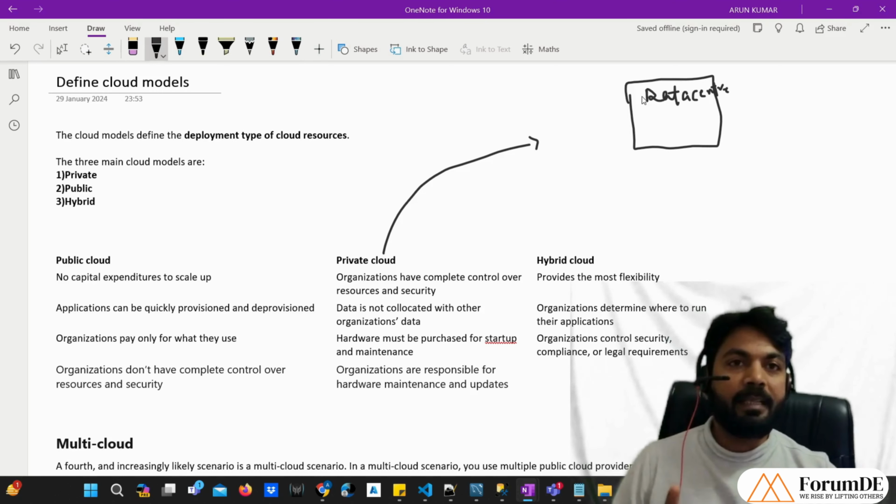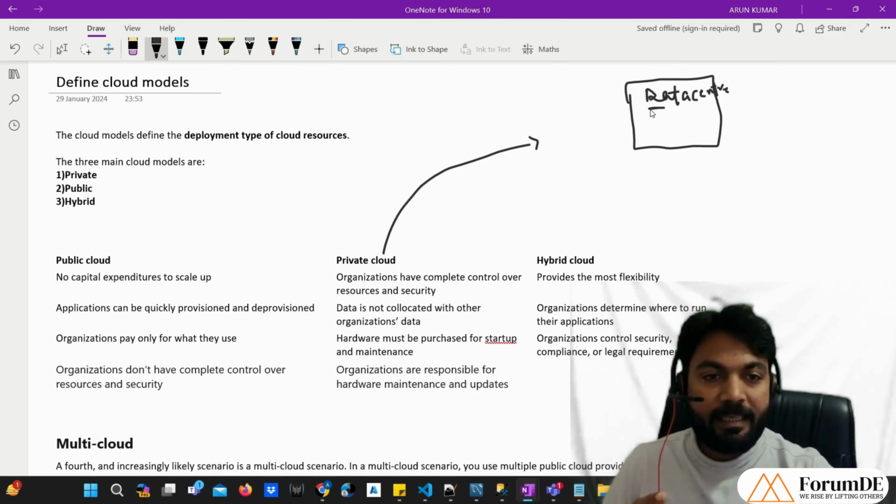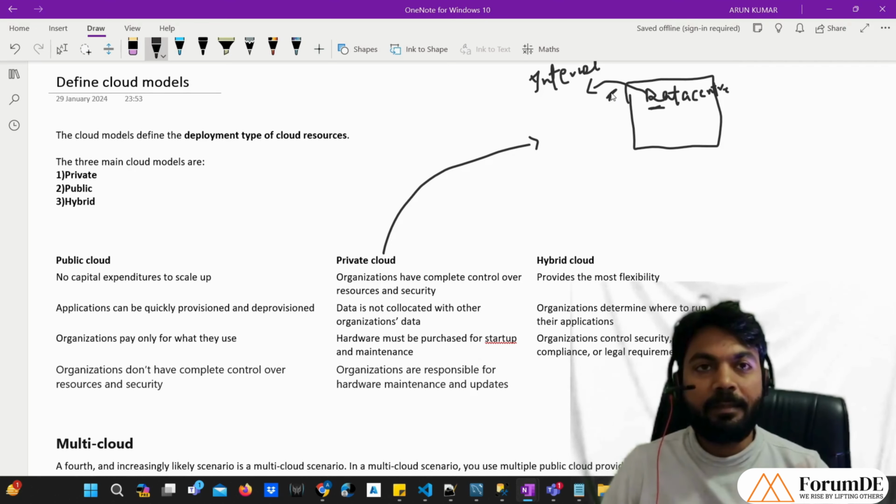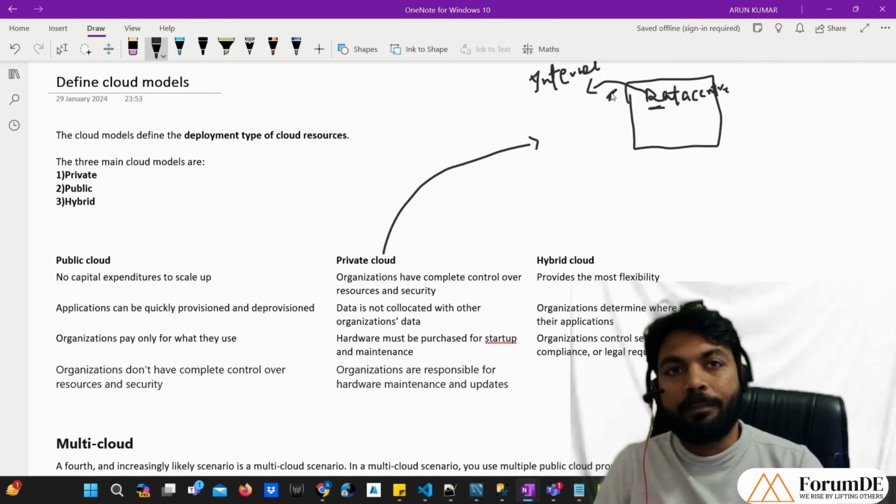If companies are able to provide the resources present in this data center over the internet, then we can say that this is a private cloud, and it is limited to the use of that particular company only.